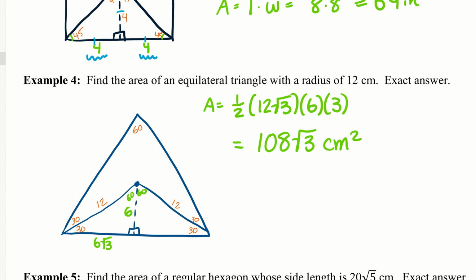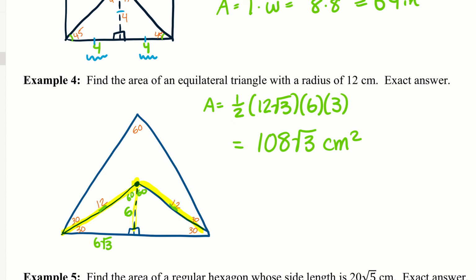So if I draw my central angle, I draw my center and I draw a radius here, then a radius here, and then I draw my apothem, and I know that my radius is going to be 12. So this length right here is 12.